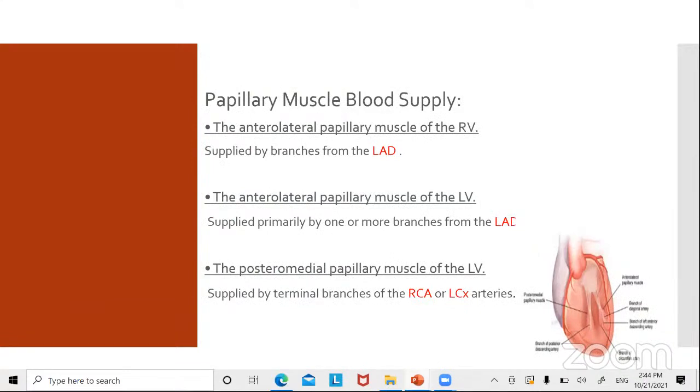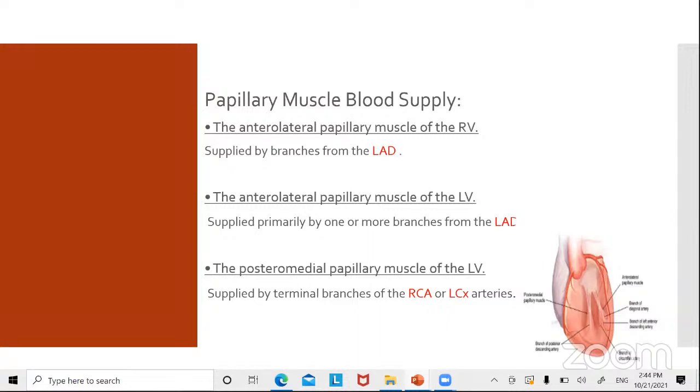The papillary muscle blood supply: the anterolateral papillary muscle of the right ventricle, located near the junction of the apical septum and the free wall, is supplied by branches from the LAD. The anterolateral papillary muscle of the LV is supplied primarily by one or more branches from the LAD, but may also be supplied by the left circumflex marginal branches.